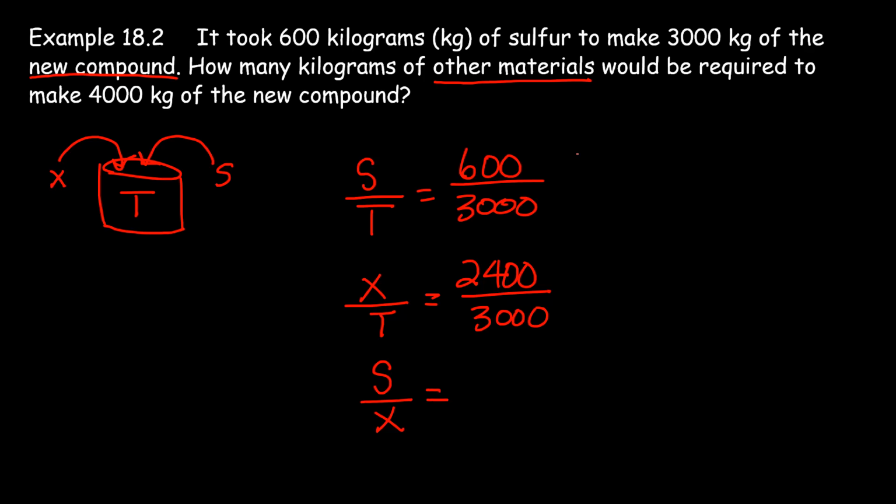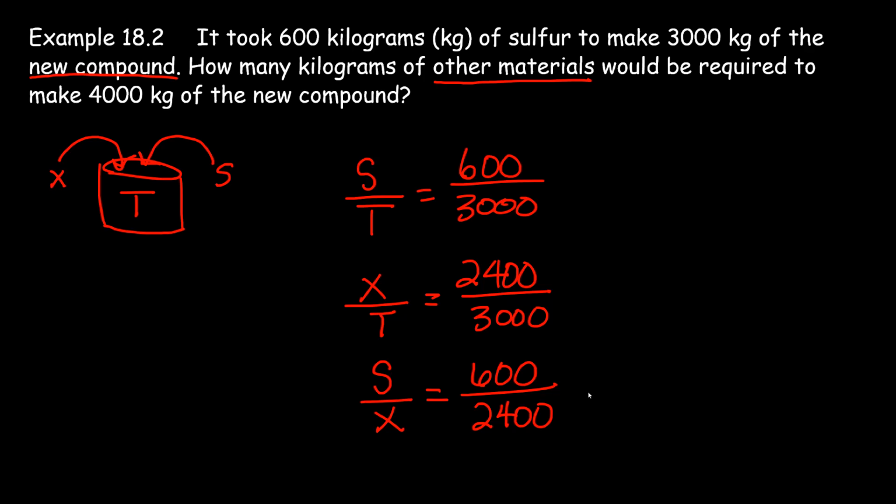All right. So sulfur, that was 600 kilograms, and then other stuff was 2,400 kilograms. So I've written three different proportions just based on the first sentence of this problem, right? And that's what you want to do. You want to write three proportions just using the initial information they give you, the relationships between sulfur, total compound, and other materials. So those three relationships.